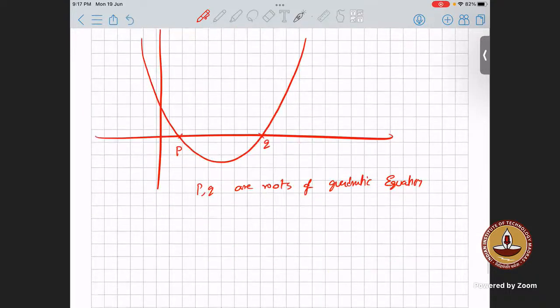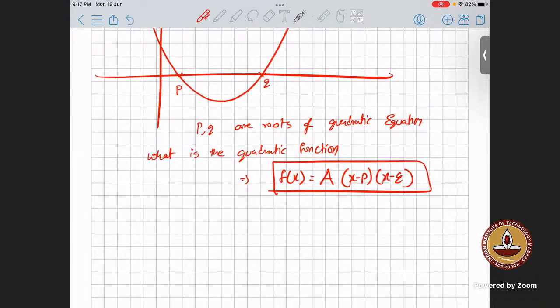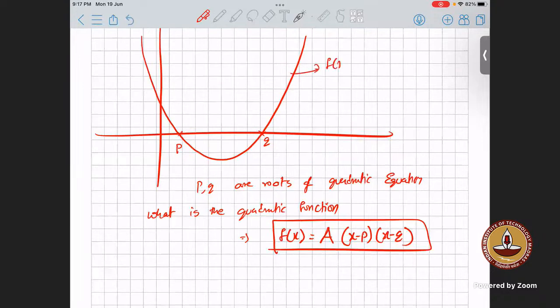If someone asks what the quadratic function is, you can say f of x is equal to capital A into x minus p, x minus q. This is the formula to find the quadratic function.